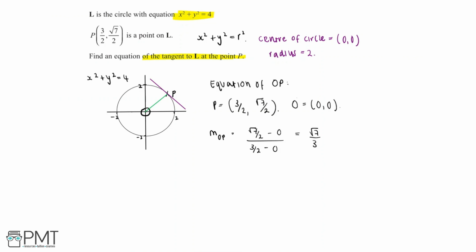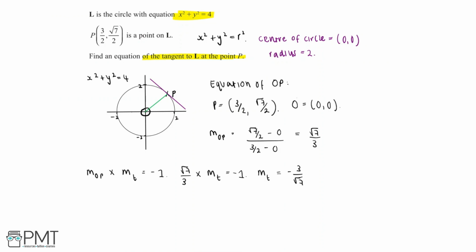When two lines are perpendicular, their gradients multiply together to give an answer of -1. So MOP multiplied by MT is equal to -1. Root 7 over 3 multiplied by MT equals -1, and therefore MT is -1 divided by root 7 over 3, which is equal to -3 over root 7.